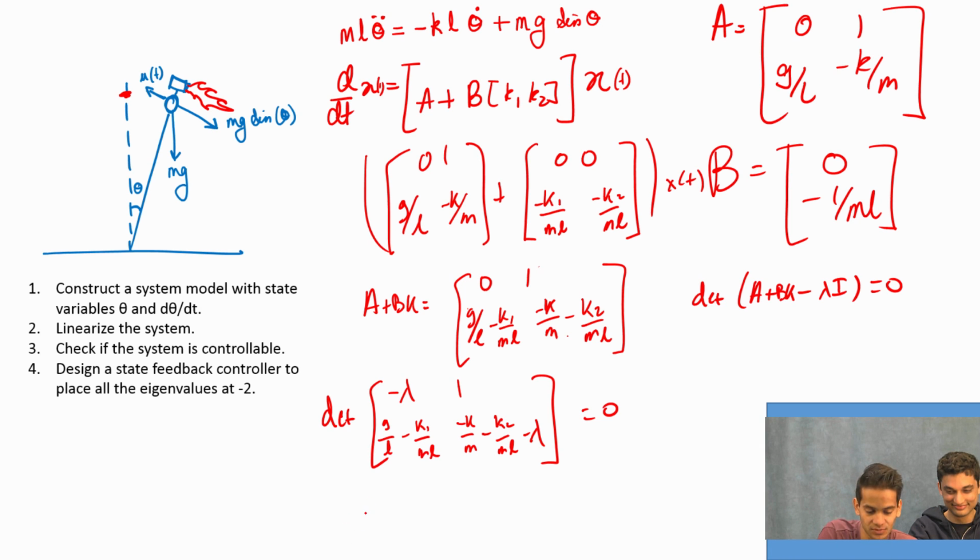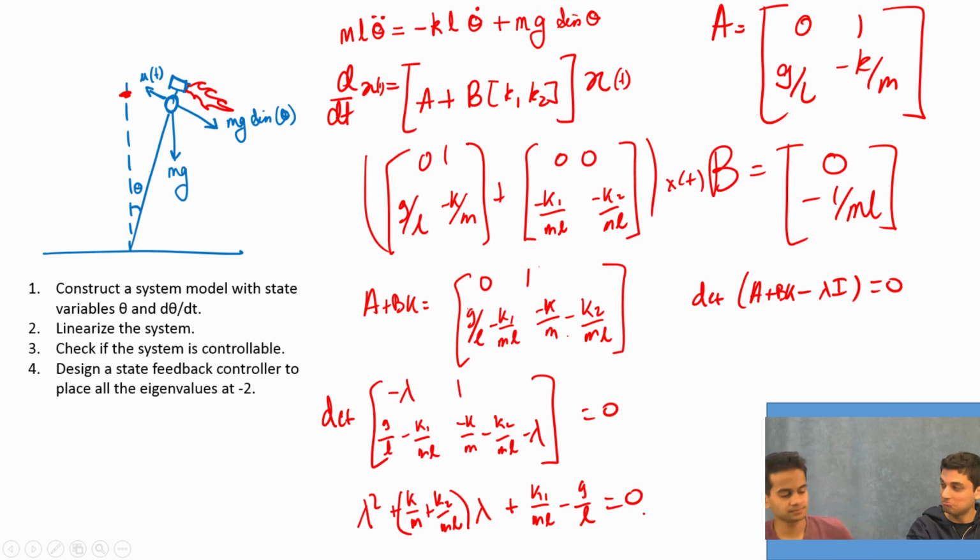So you end up with lambda squared plus K over M plus K2 over ML, all of that times lambda, and then plus K1 over ML minus G over L.